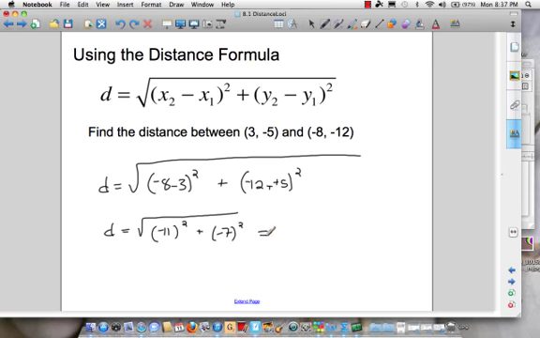So I get the square root of 121 plus 49, or the square root of 170, which I don't think is going to simplify because that's 17 times 10, so yeah, that won't simplify. So that's how you use the distance formula.